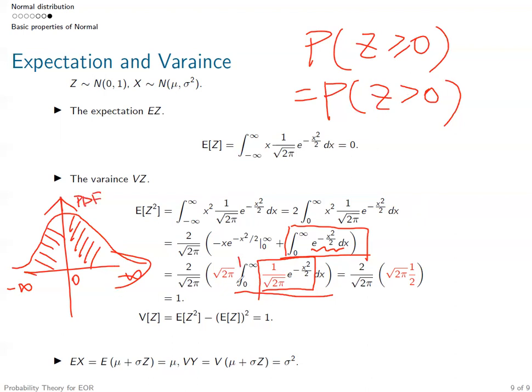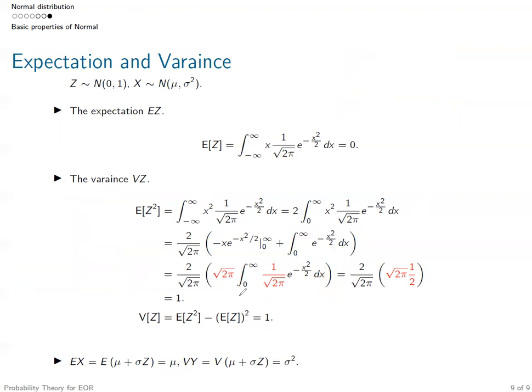So this integral here is half of 1, which is one half. Therefore, we make use of the fact that the density integrates up to 1, and the symmetry of this density. We can make use of the probability density function to help us calculate integral values.